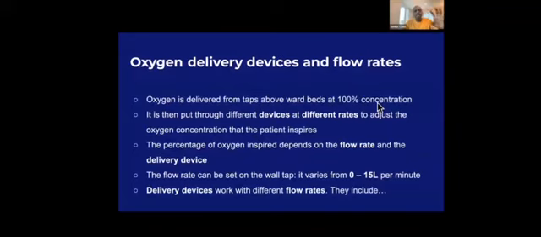It is then put through different devices at different flow rates to adjust the oxygen concentration that the patient inspires. So initially it's delivered at 100%, then you choose the device and the flow rate to adjust to the exact oxygen saturation that is needed.